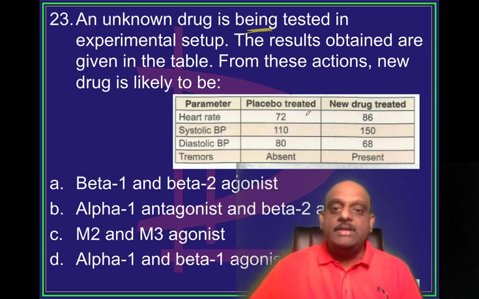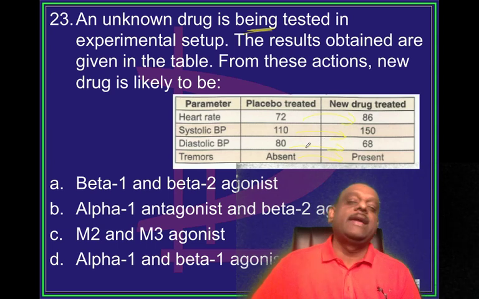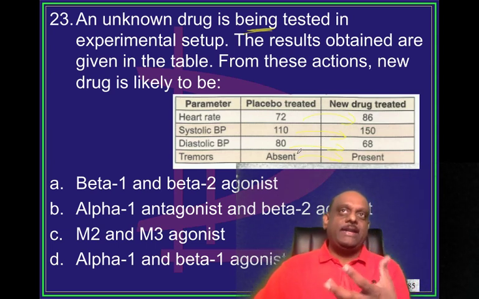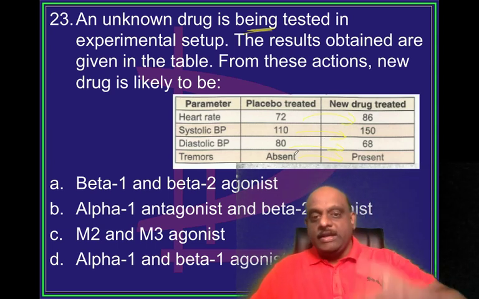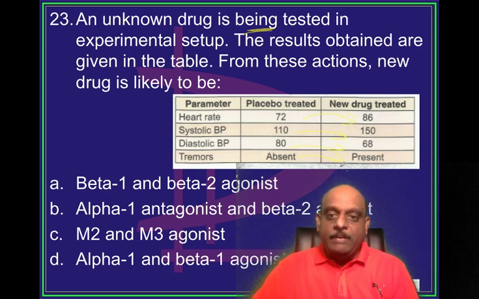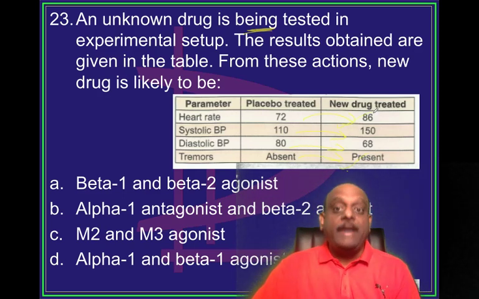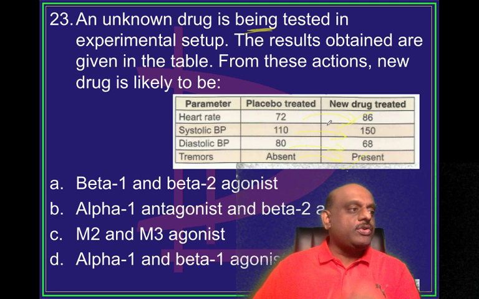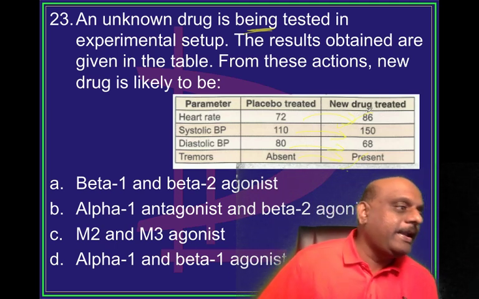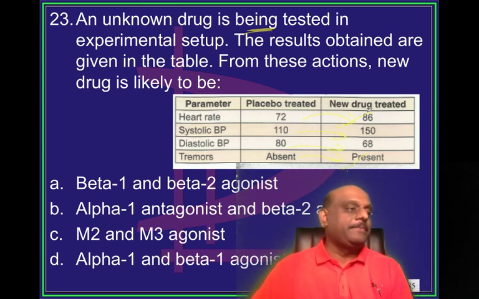The drug is causing an increase in heart rate. It is causing tremors. It is increasing the systolic BP and decreasing the diastolic BP, meaning vasodilation, total peripheral resistance is coming down. Tremors are happening, heart rate is increasing. So what is the most likely possibility for this drug? A very important question.